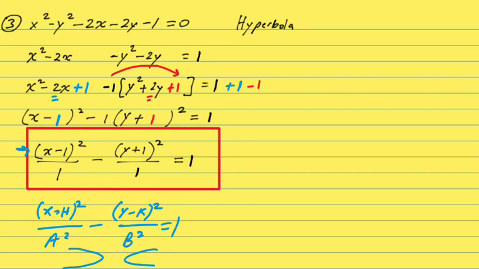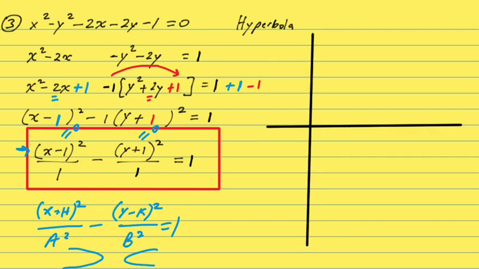So anyway, where is the center of this thing? What makes this 0 and what makes this 0? 1 comma negative 1. So I'll go to 1 comma negative 1. Let me make it smaller just to make it match. 1, negative 1 is about there.